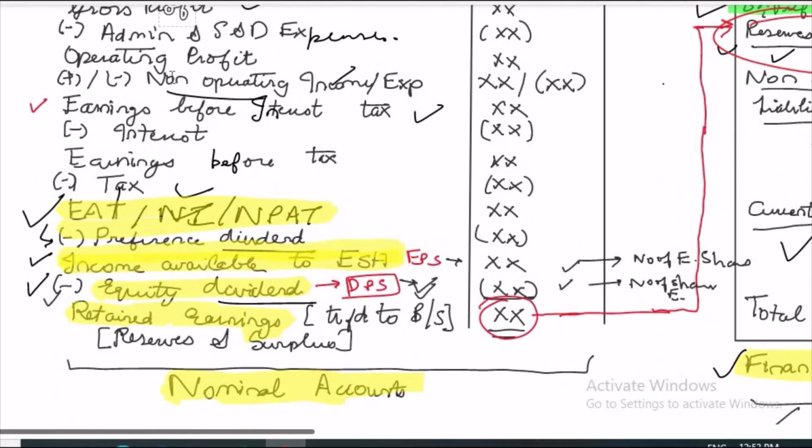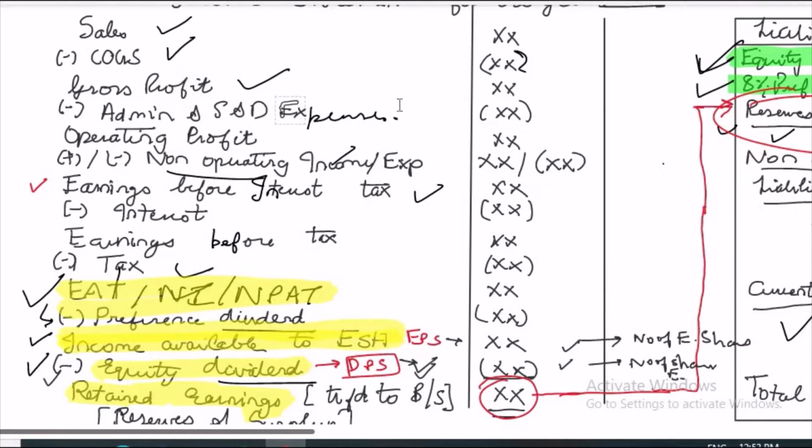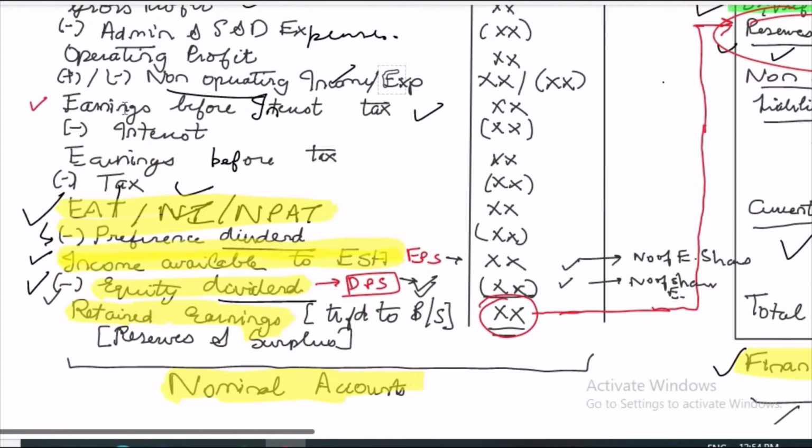Then we subtract administration, sales and distribution expenses to get the operating profit. After that we subtract non-operating expenses, such as salary, and add non-operating income, and then it would be the earnings before interest and taxes.